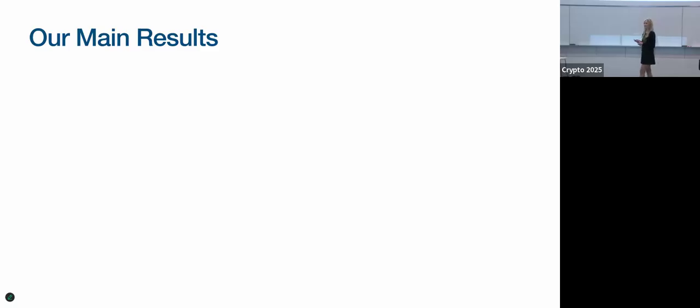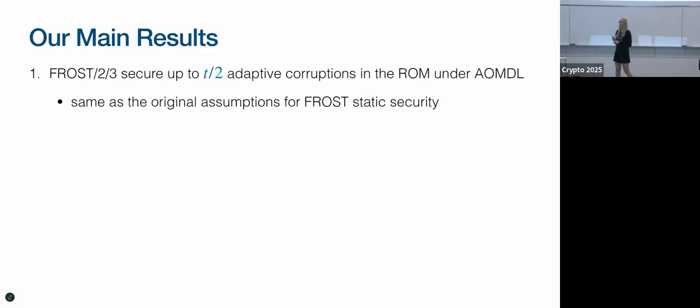So here are the main results of this work. We first prove the adaptive security of all 3 variants of FROST up to t/2 adaptive corruptions in the ROM only under AOMDL. And you'll note that these are the same assumptions that the static proof of FROST is under.